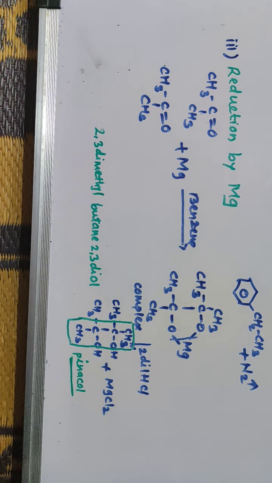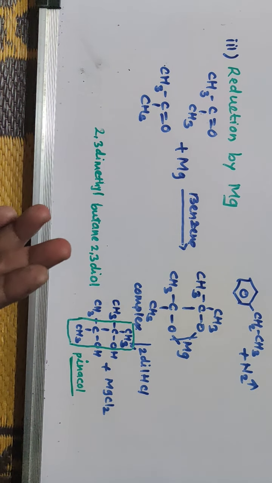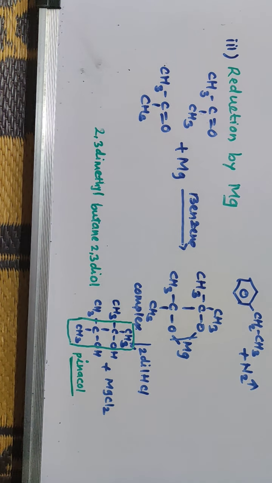Clemmensen's reduction is carried out using zinc amalgam and concentrated HCl. Here the carbonyl group is converted to a methylene group. In Wolff-Kishner reduction also, your carbonyl group is converted to a methylene group. But in this case, in the first step, hydrazine is used to form hydrazone, and hydrazone on heating with alkali and ethylene glycol gives a methylene group along with nitrogen gas.